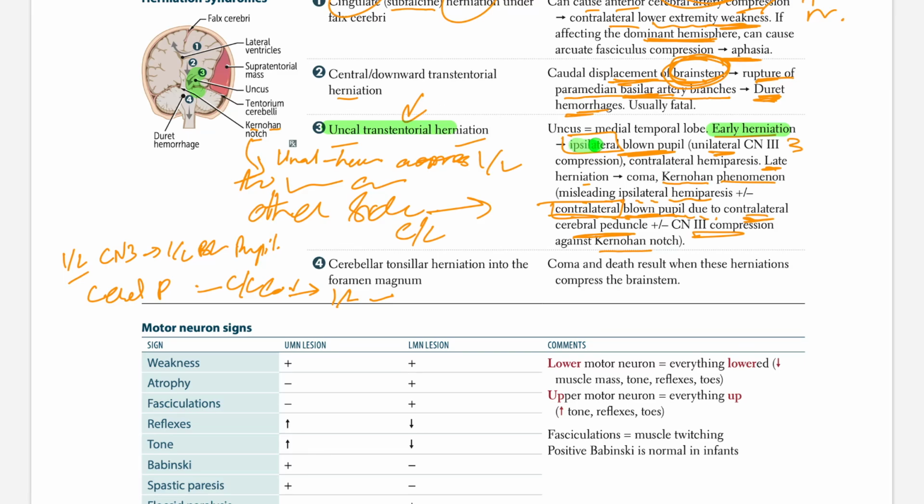So it's going to cause an ipsilateral blown pupil because it's compressing the ipsilateral CN3, right? And it causes contralateral hemiparesis because it is compressing the corticospinal tract.